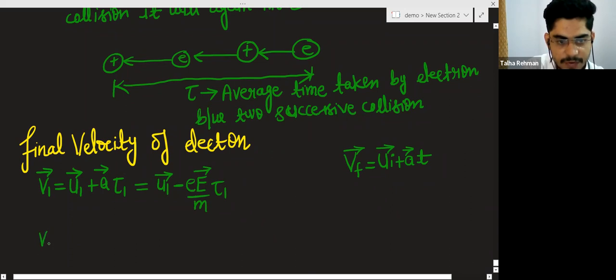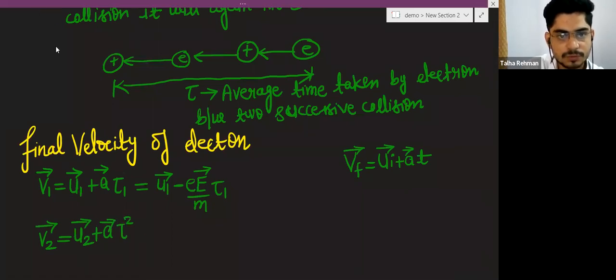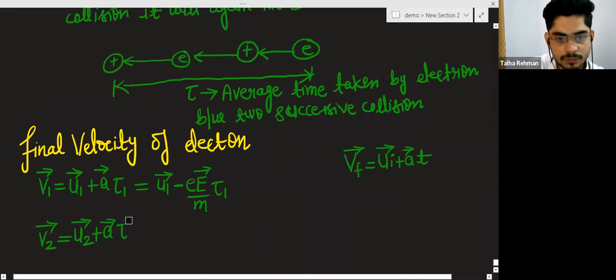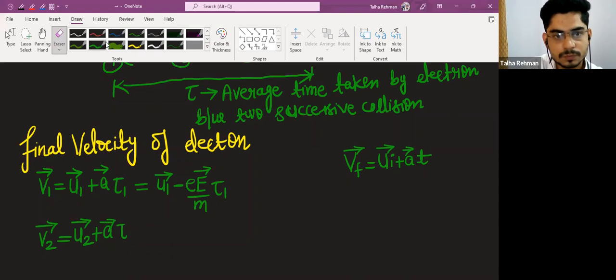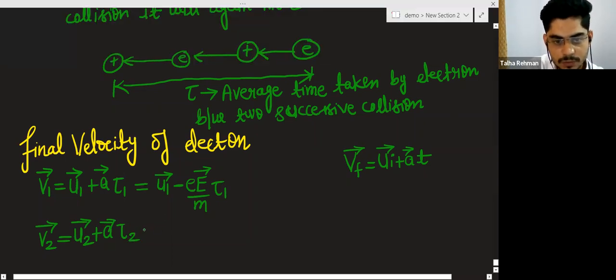And similarly, you can write v2. For the second electron, the final velocity will be u2 plus a into tau 2. Sorry, this is tau 2. So I can write u2 minus e E by m into tau 2. Acceleration is constant, please remember this.